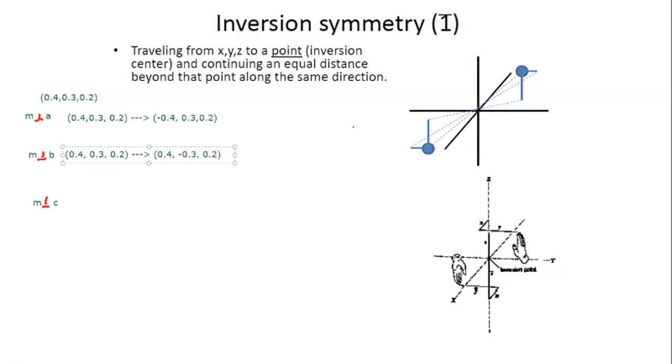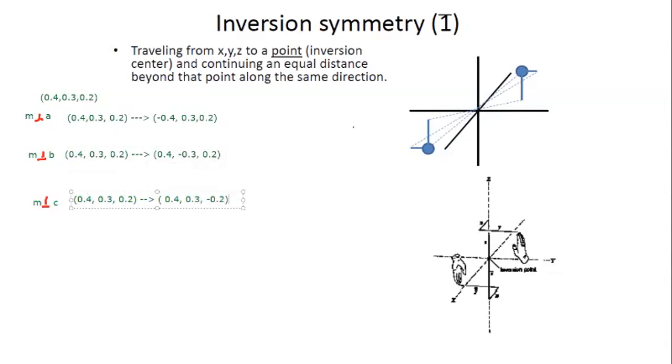The thing you should see here is that whatever axis you're perpendicular to, that's the coordinate that's going to become negative. And then a mirror plane perpendicular to C, since we're perpendicular to C, only that one becomes negative.